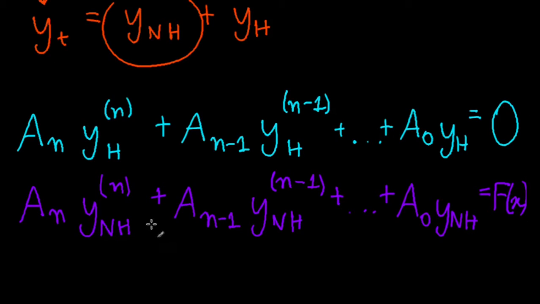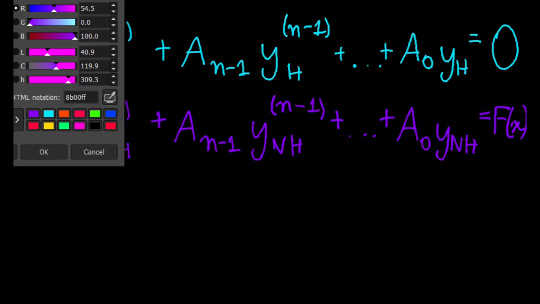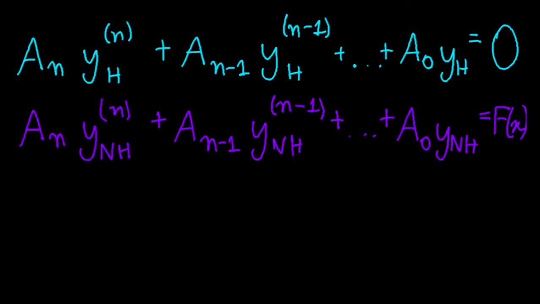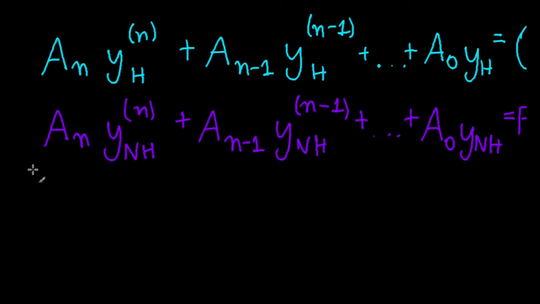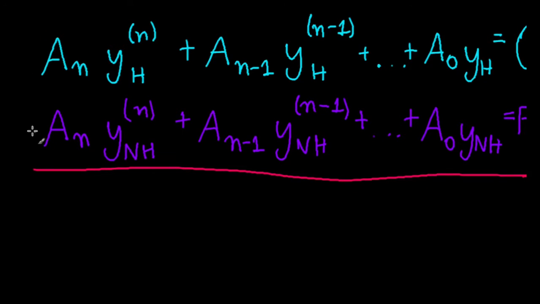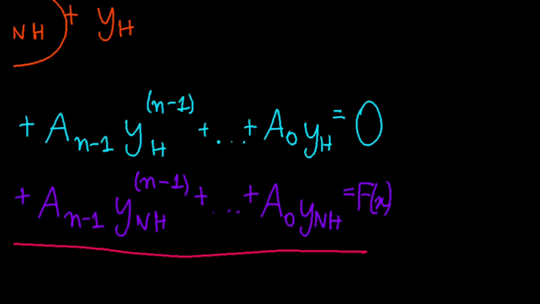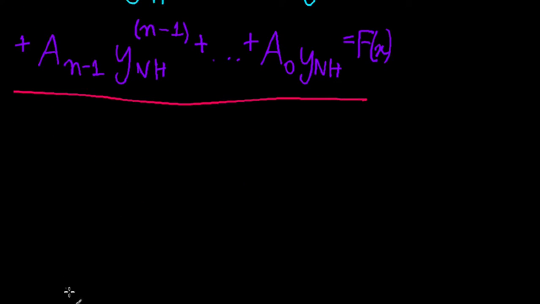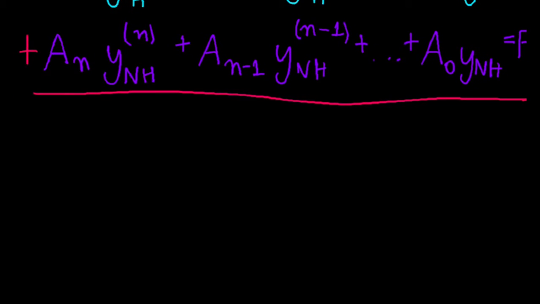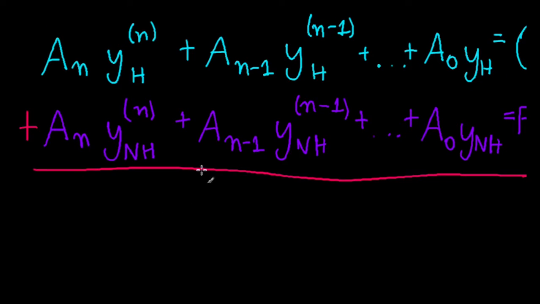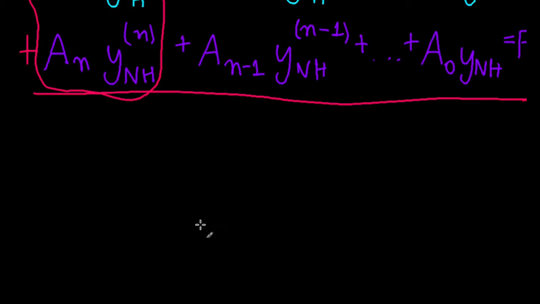All right. Now, what happens if I add these two equations? What happens if I draw this big line here and add all the terms on both sides? Something interesting actually happens. Let's try to actually add one row right here, and we should be able to see the trend with all the columns.